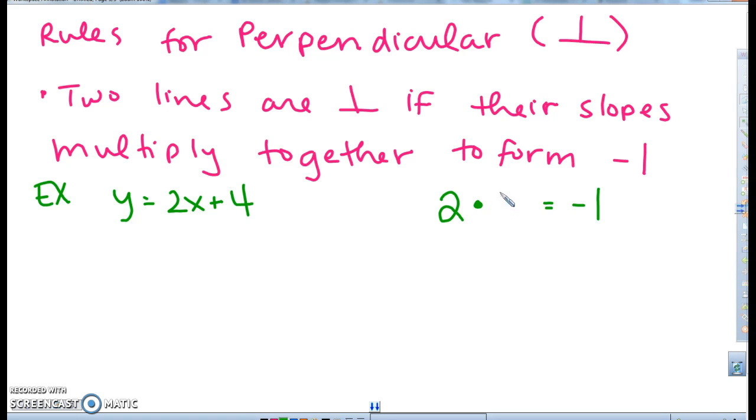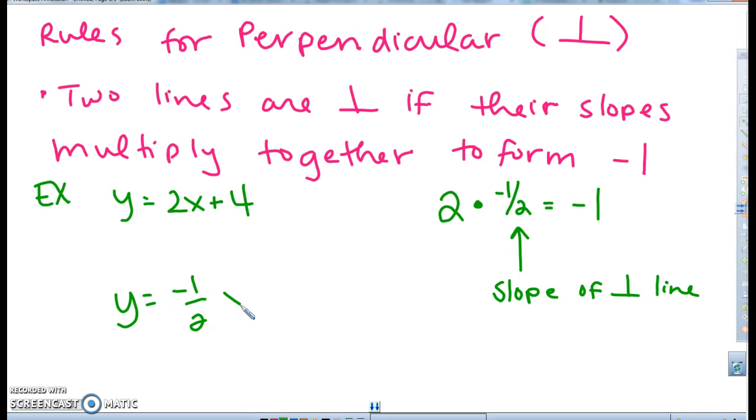Okay? And the negative reciprocal of 2 is, good, it's -1/2. So this -1/2 is going to be my slope of the perpendicular line. And again, I can write any equation that has the slope -1/2, and that is perpendicular to my original line. Okay?